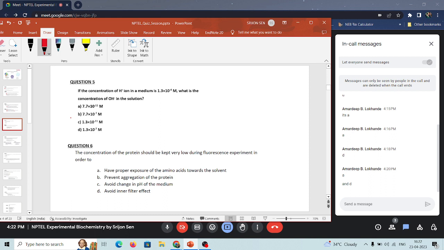So what is the formula? Concentration of H plus into concentration of OH minus equals 10 to the power minus 14 molar. So here you have been given the concentration of H plus.